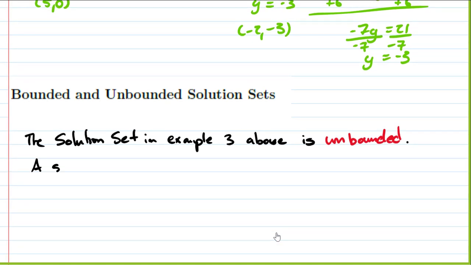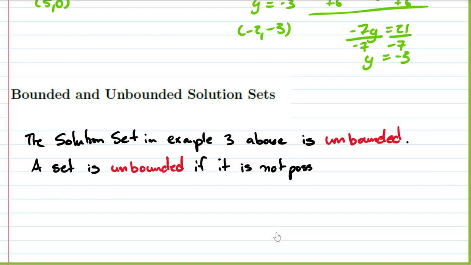A set is unbounded if it is not possible to draw a rectangle that contains the set.